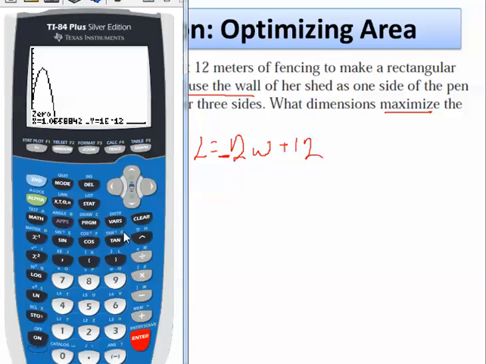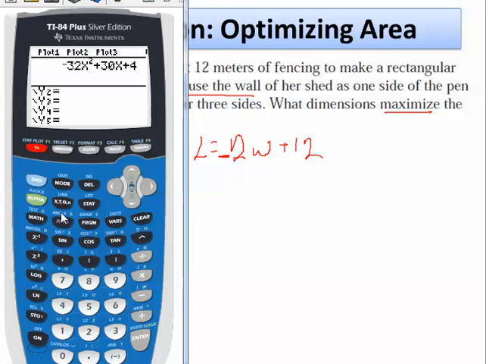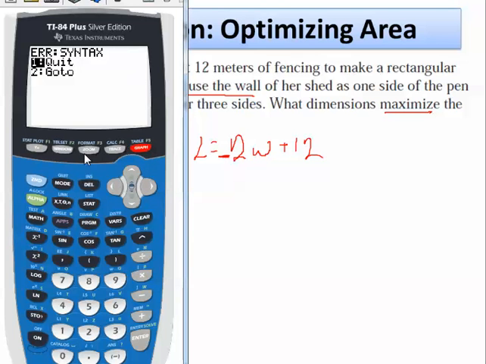I can substitute that in as an equation. Okay? Y equals negative 2w squared plus 12w, and I've graphed this, and I've already got it in a bad zoom.